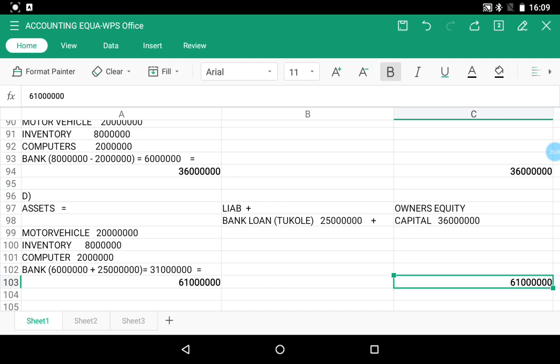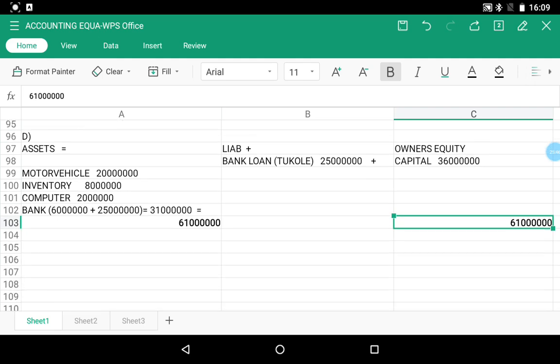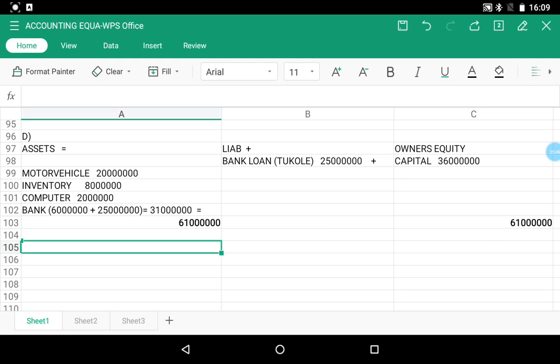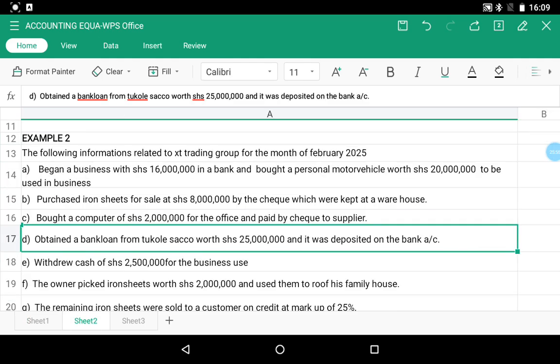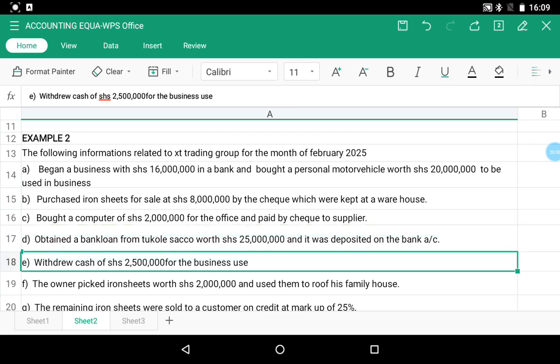Now we go to the next part, which is part E. When you go to our part E, they said he withdrew cash of shillings 2.5 million for business use. Still, this cash was going into a business.